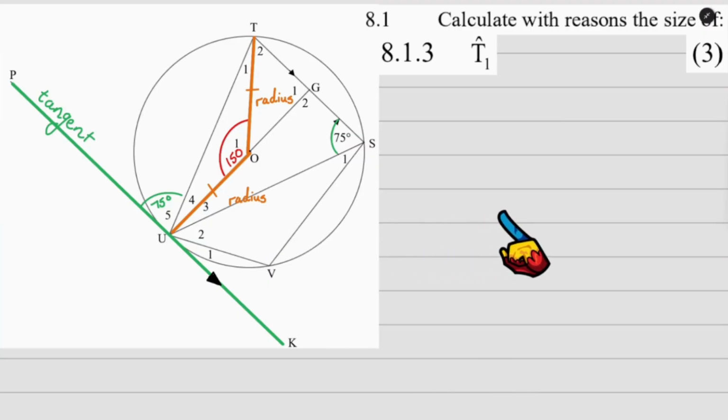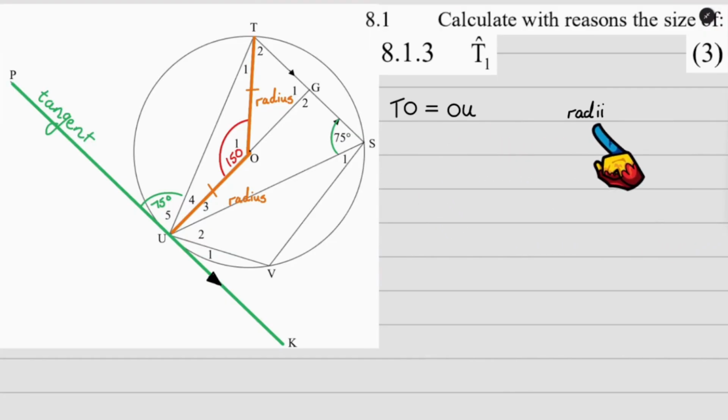Okay, so firstly I need to state that I recognize that those 2 radii are the same. So I'm going to say TO equals OU, radii. And we just state it like that. Now we're going to use the properties of an isosceles triangle to figure out T1. So if these 2 sides are equal, it means that these 2 angles have to be equal.